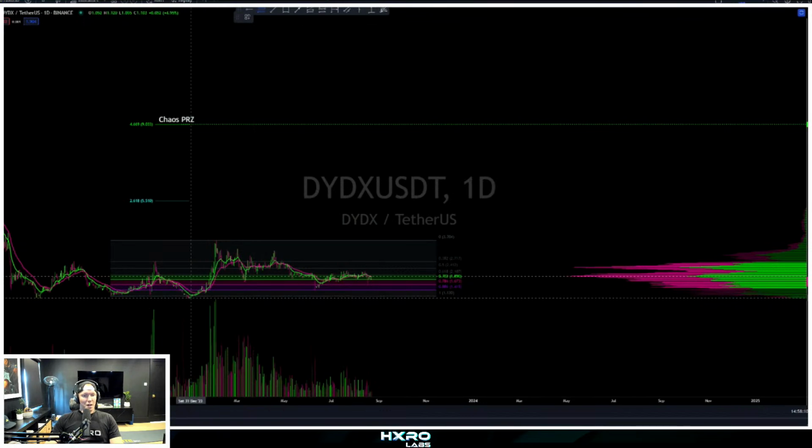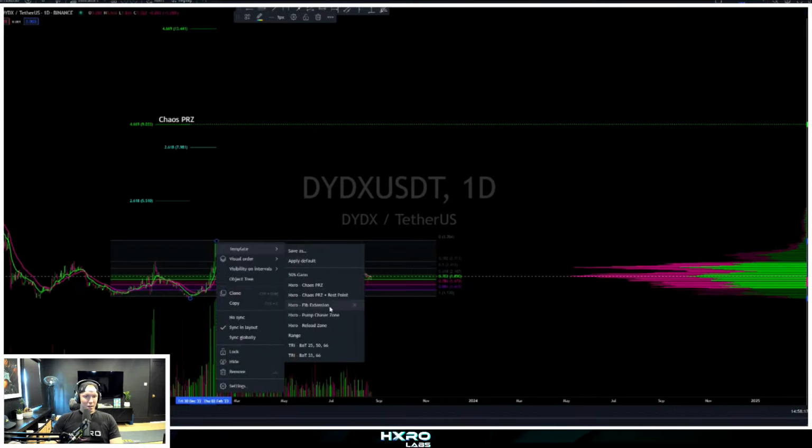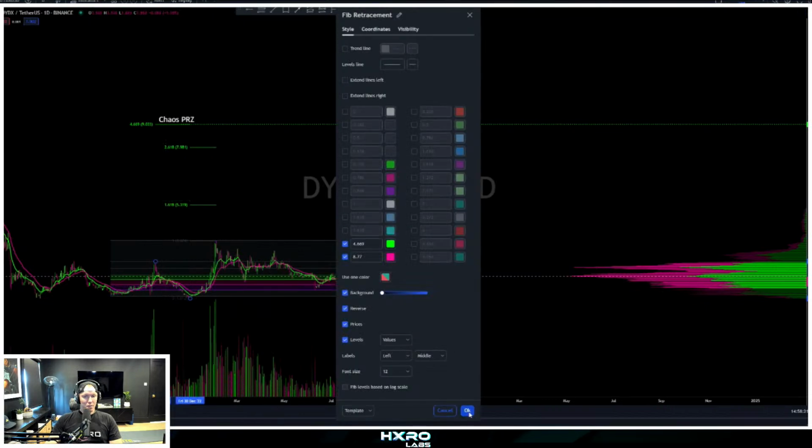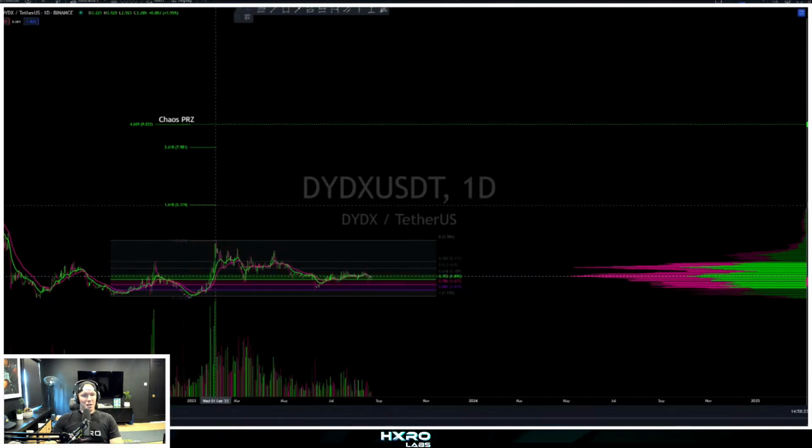If I'm not feeling as confident, or if I don't think we're in that kind of rip-roaring global liquidity rising bull market environment, I can use the fib extension. It's a little more conservative. And it's going to give me a chance to have a reasonable take profit area much sooner than chaos. And so I'll label that as well.